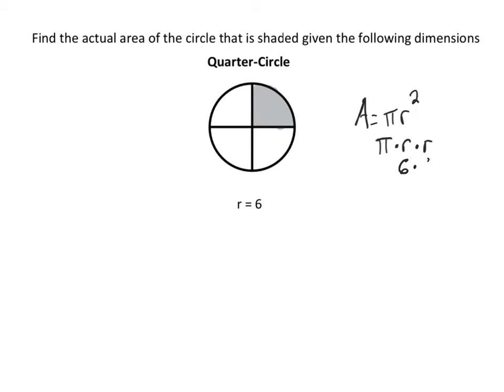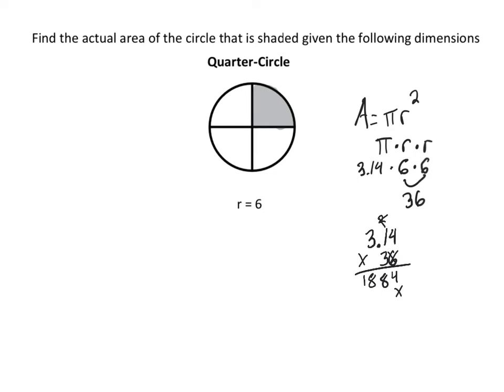So let's plug that immediately into our formula since we are given radius. 6 times 6 times pi, which is 3.14. So 6 times 6 is 36. Then we have to multiply by 3.14. 6 times 4 is 24. Carry the 2. 6 times 1 is 6, plus 2 is 8. 6 times 3 is 18.